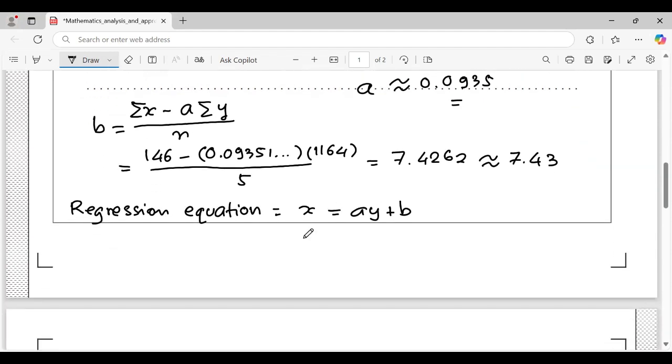So it is x equals 0.0935y plus 7.43. This is the regression.